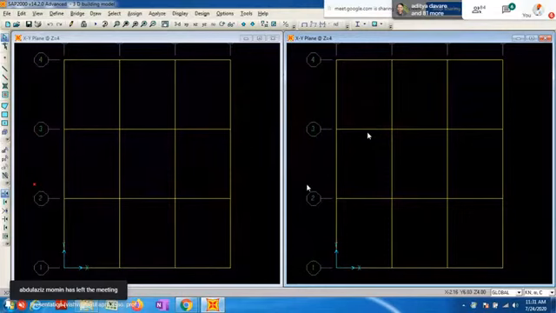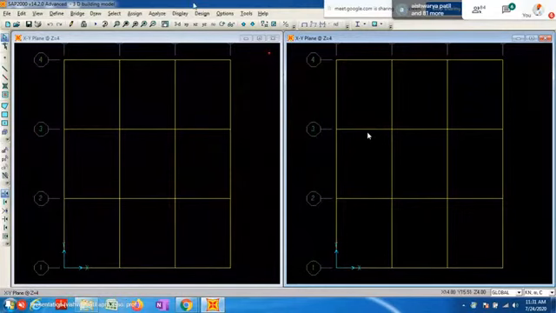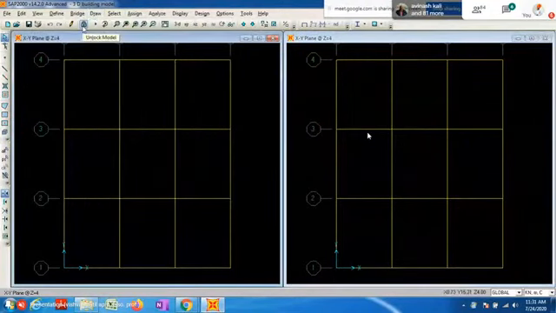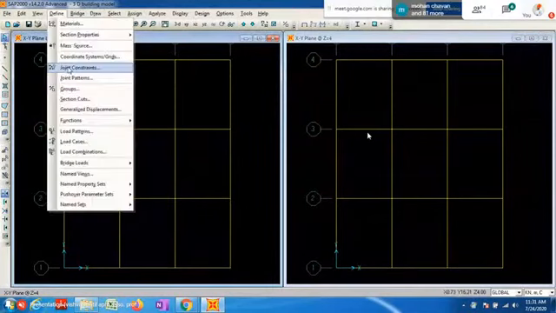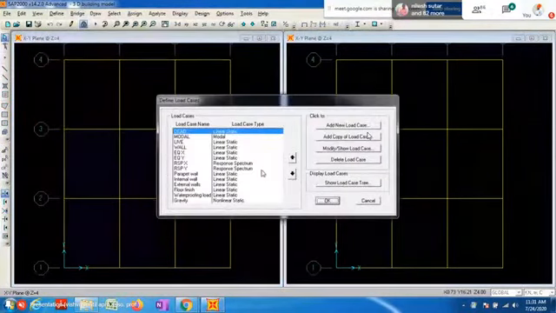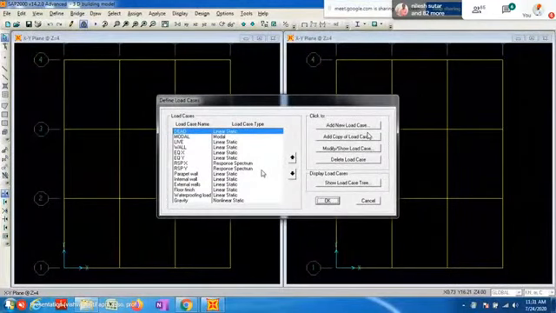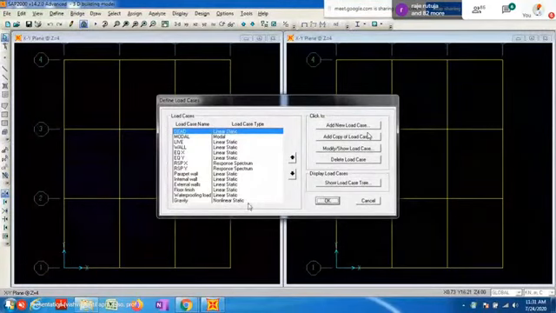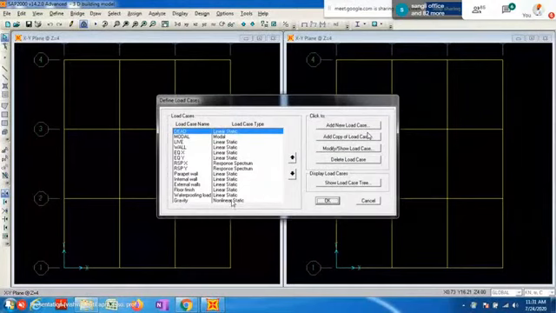Before this, first of all define a gravity load case. Define a load case. Time history analysis or pushover analysis is to be performed after the gravity analysis. Here I have already defined this gravity load case.